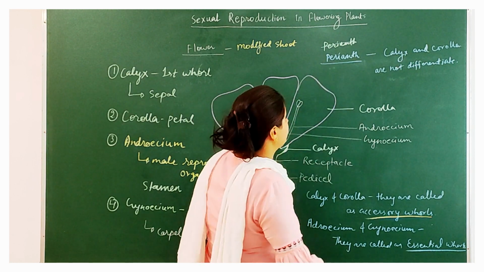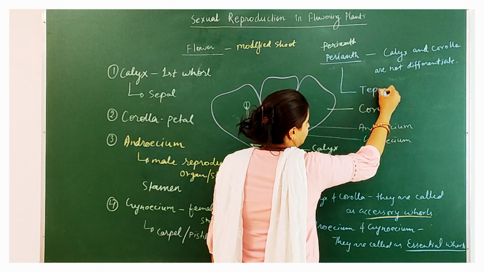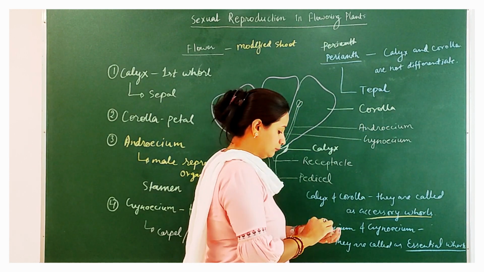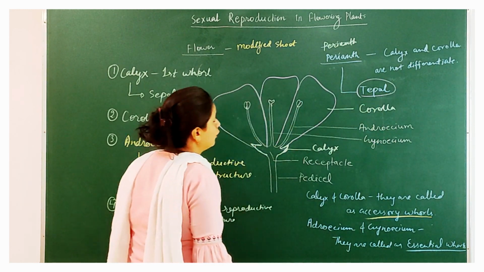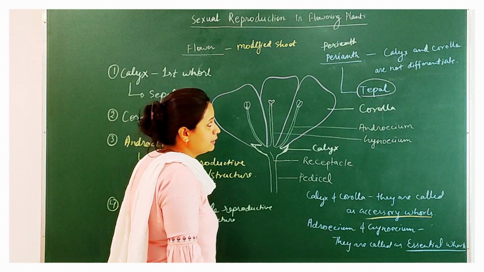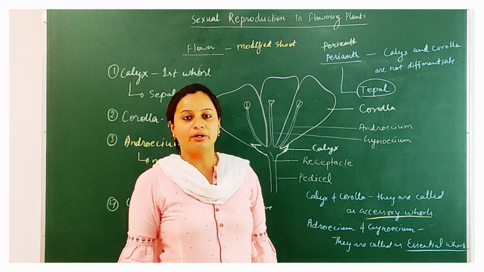And the single unit of perianth is called a tepal. Tepal is the unit of perianth. And what do we mean by perianth? Perianth is the structure where calyx and corolla are not differentiated.